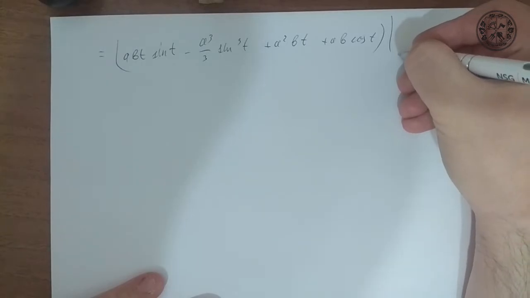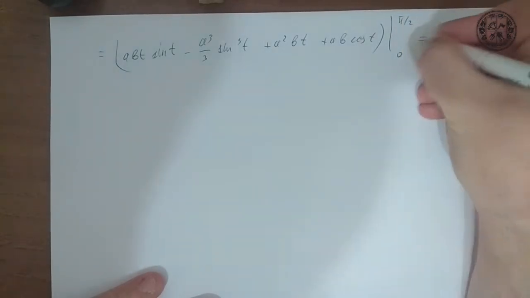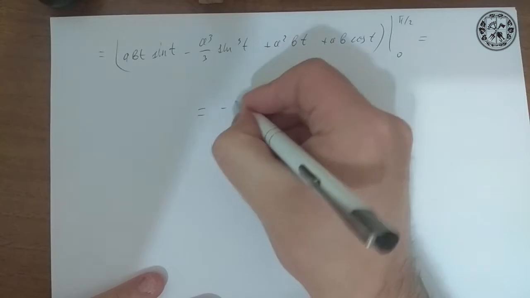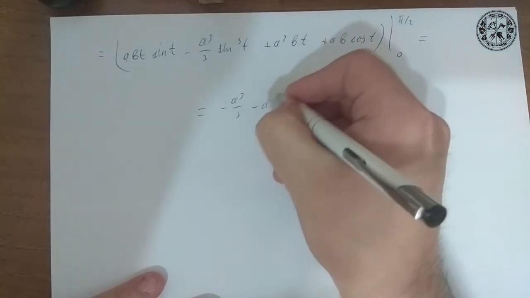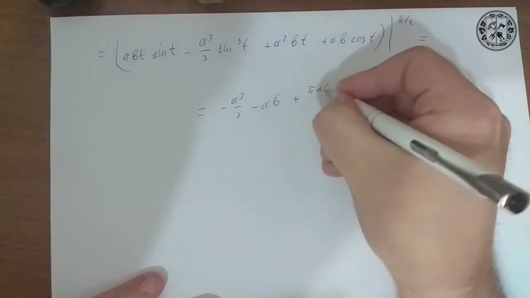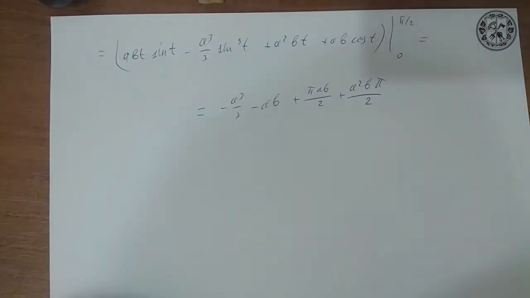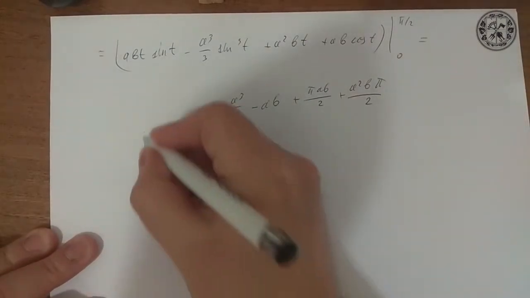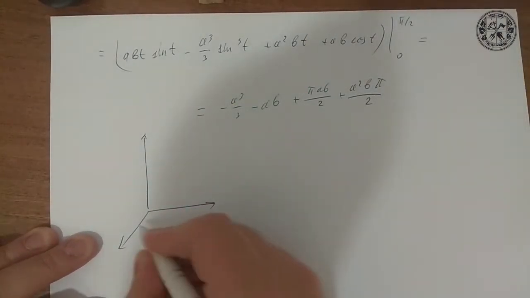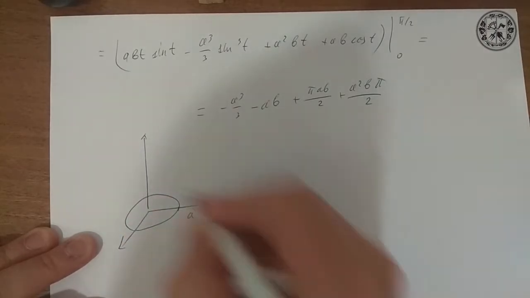This will be from 0 to pi over 2, and in the end we will get minus a cubed over 3 minus ab plus ab over 2 plus a squared b pi over 2. This curve L that we provided in such a way is actually a line that is wrapped around a cylinder of radius a.